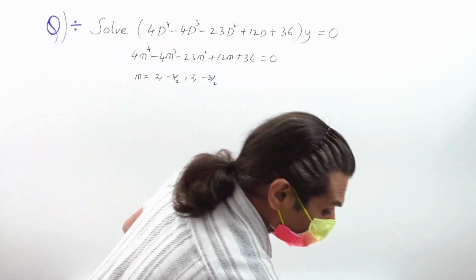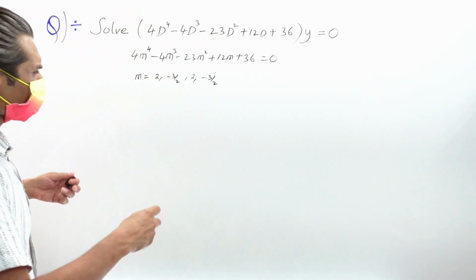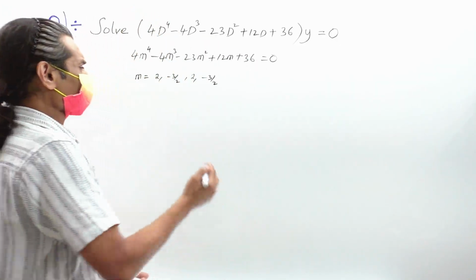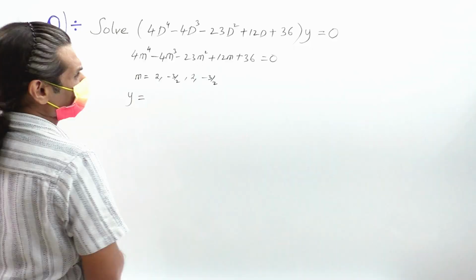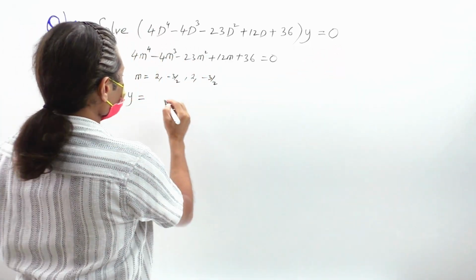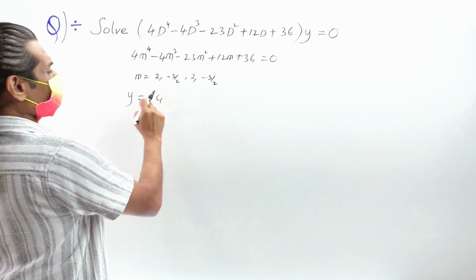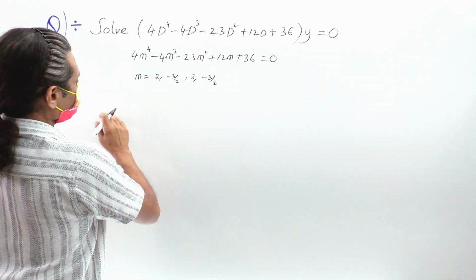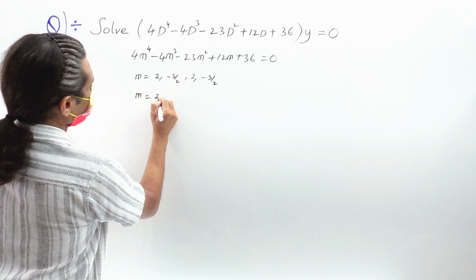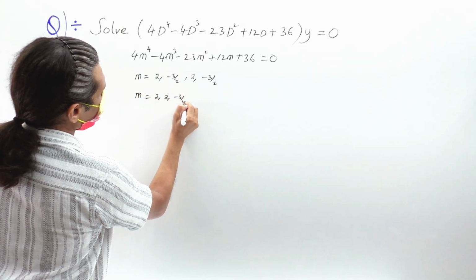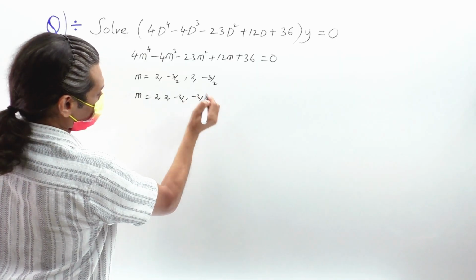Okay. Now we have the roots here, so you can easily write y is equal to the complementary function, because the right side is 0. So the answer is y equal to C1. See, I will once again write the roots here properly. So we have m is equal to 2, 2, minus 3 by 2, minus 3 by 2.